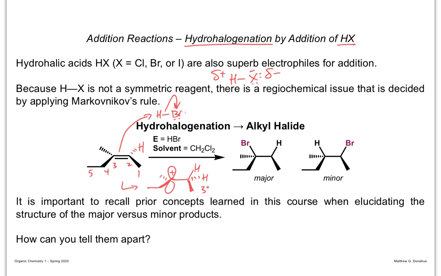So that's tertiary, that's the most stable, and then Br minus can attack. So keep in mind, at that point, the attack can happen from either the top or the bottom face of that p orbital. But in this case, the major product is the tertiary bromide.